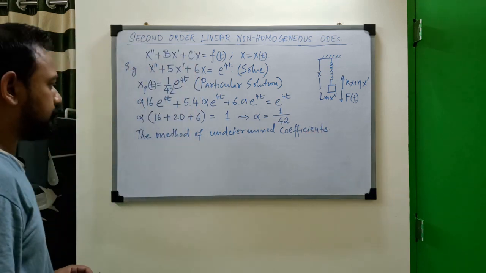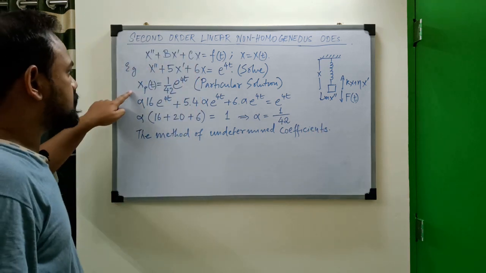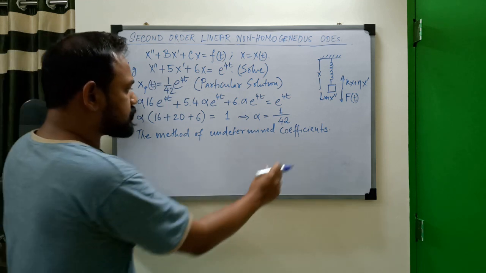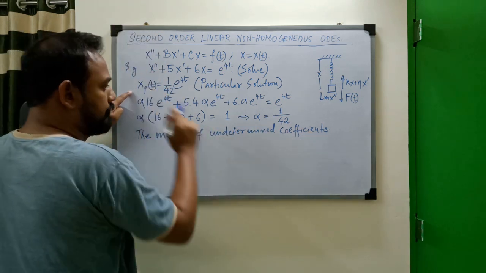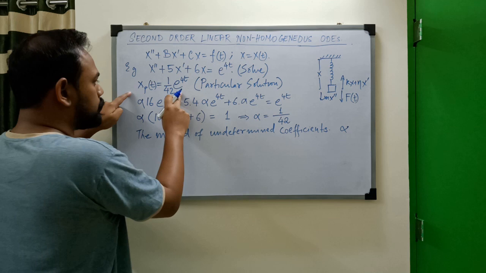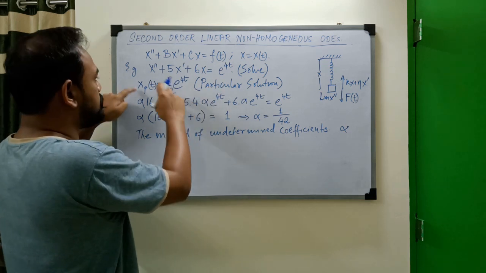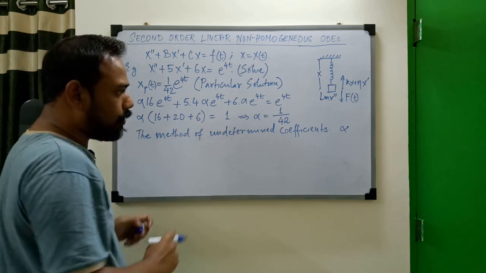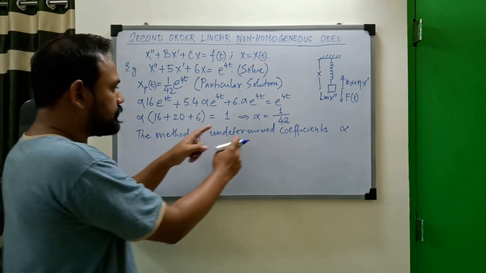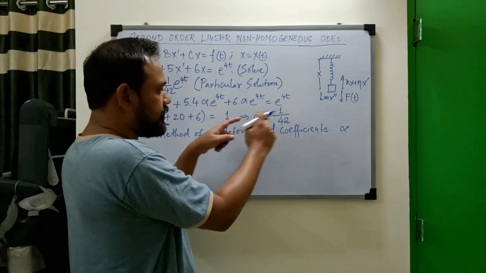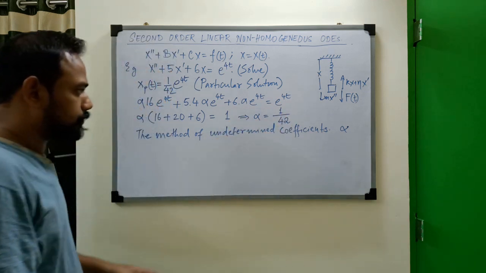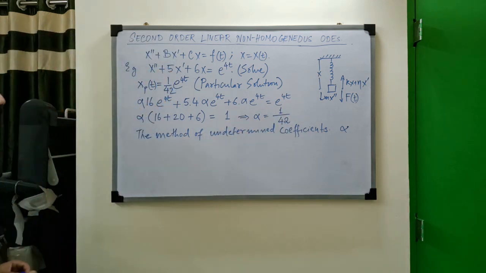In this method that we have used to find a particular solution, the undetermined coefficient here refers to the alpha. The alpha that we used here was undetermined as long as this was a trial solution, and then we put that in and we found exactly what alpha was. So we have determined the undetermined coefficient, and that was 1 over 42.